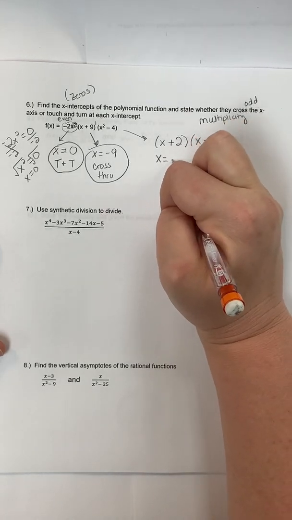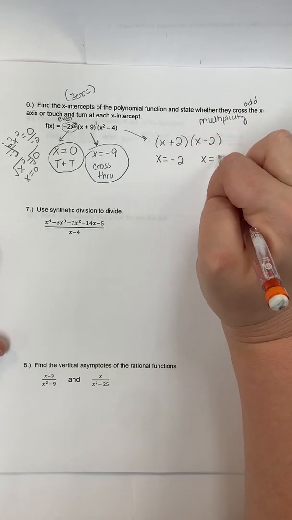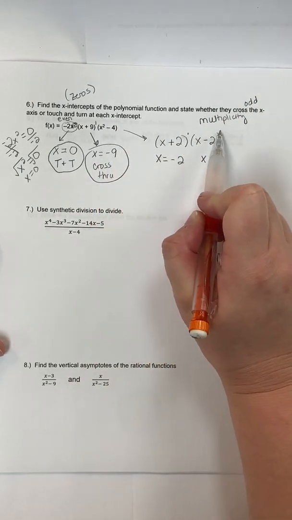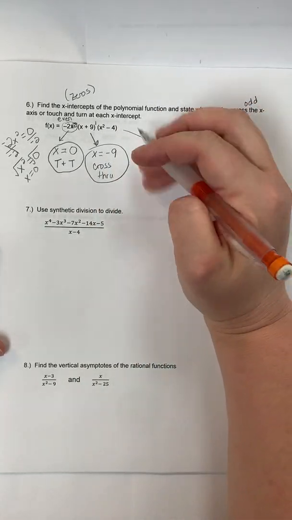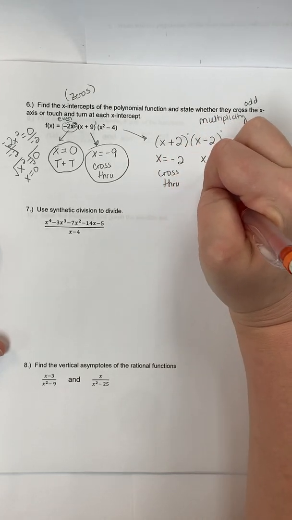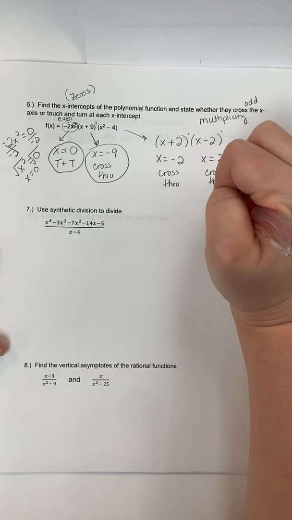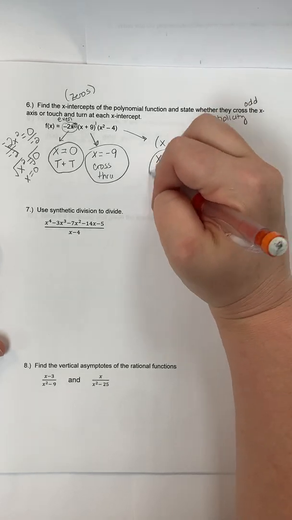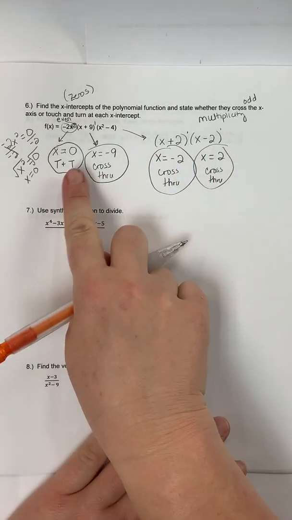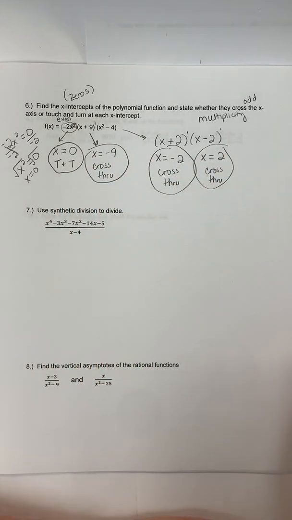So I'm going to have x is -2 and x is +2. And notice that their multiplicities are also 1, which is odd. So these are going to be cross throughs. And there we go. We have all 4 zeros and exactly what they do based on their multiplicity.